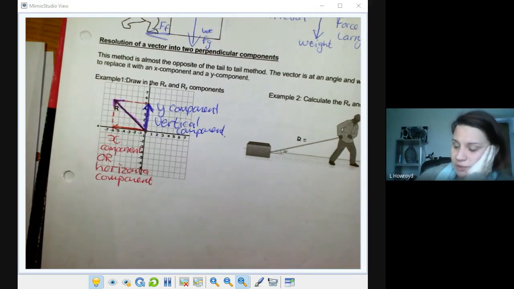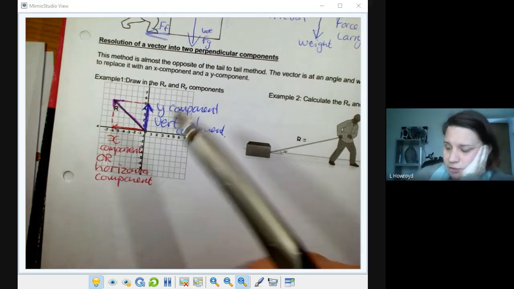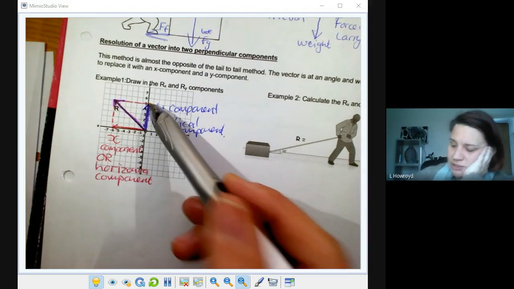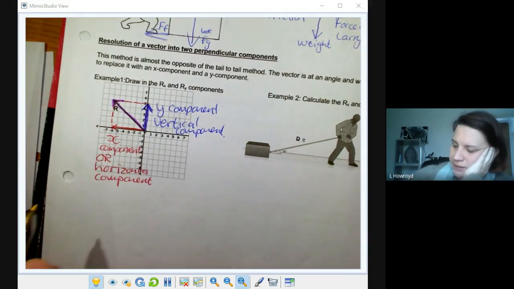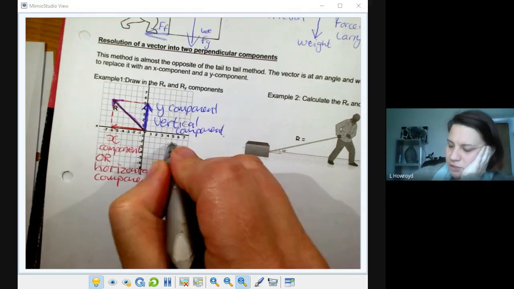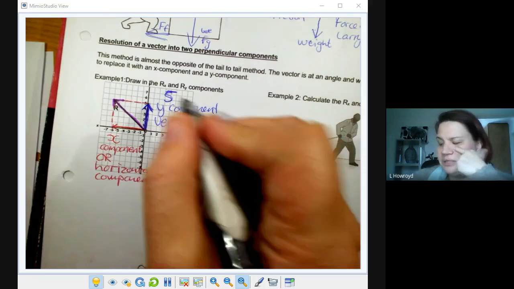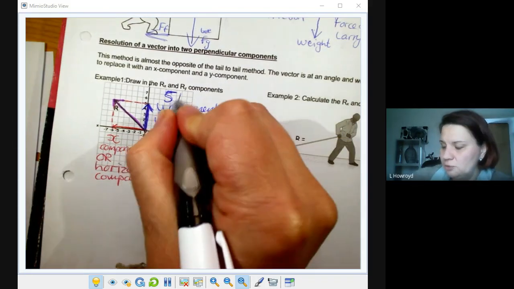So how are we going to do this? What you would normally do is you would do trigonometry. Now you obviously don't see an angle here. I haven't given you an angle, but because it's on a Cartesian plane, you can see that this y component is going to be 5, and let's consider it as a force, so 5 newtons.